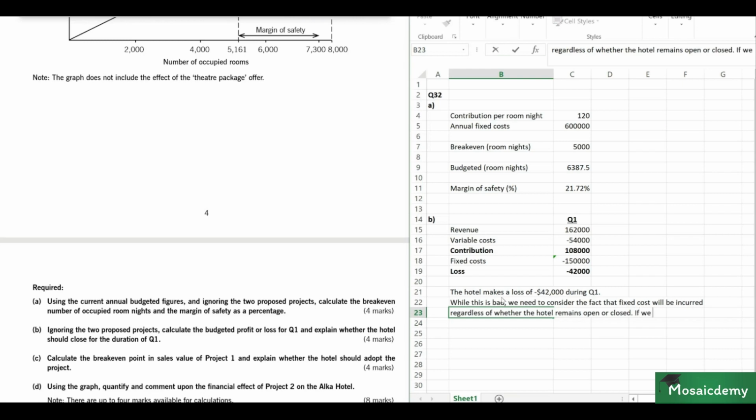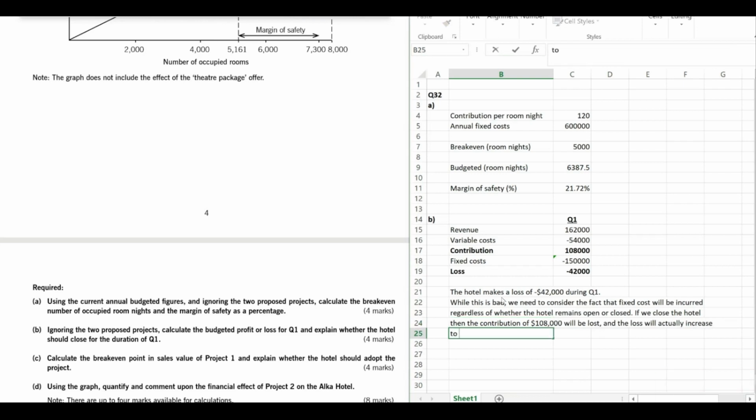If we close the hotel, then the contribution of 108,000 will be lost, and the loss will actually increase to minus $150,000, right?